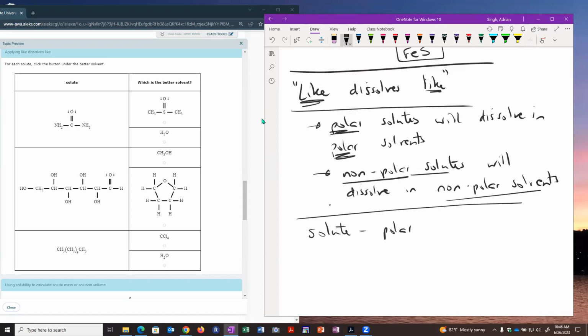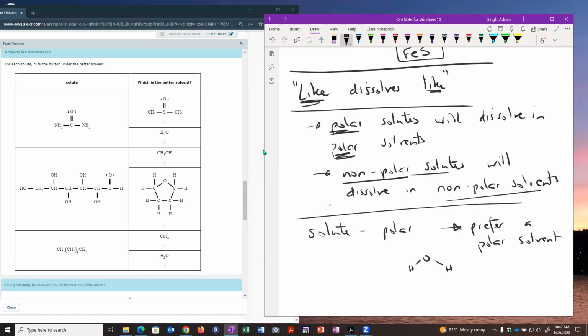And then it's asking which is the better solvent to dissolve this polar solute. Well, according to like dissolves like, it would prefer to dissolve in a polar solvent. So which of the two options here is more polar? Well, we already know that water is a very polar molecule. Remember, water looks like this.